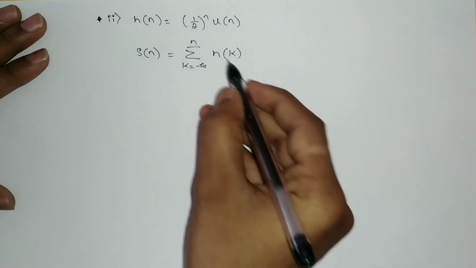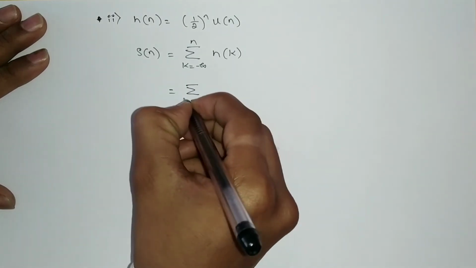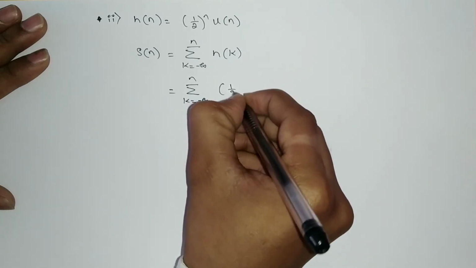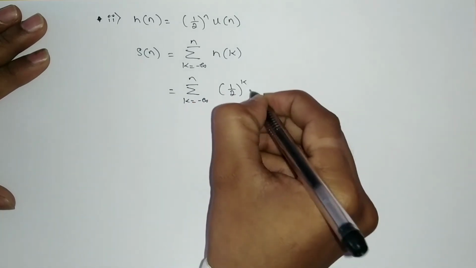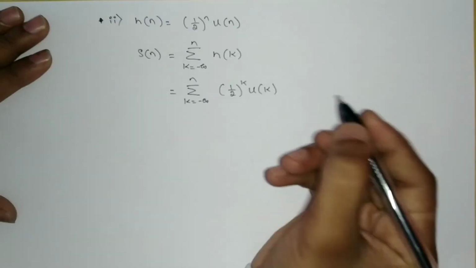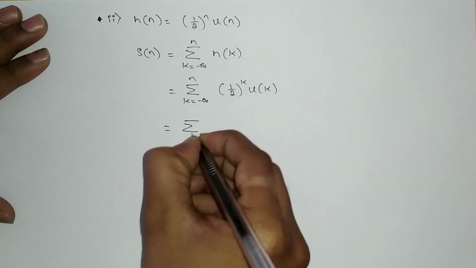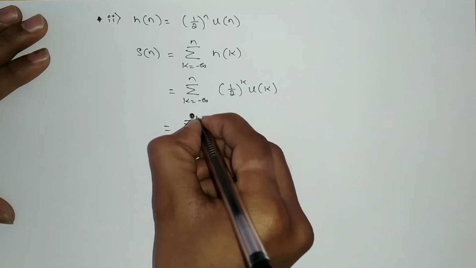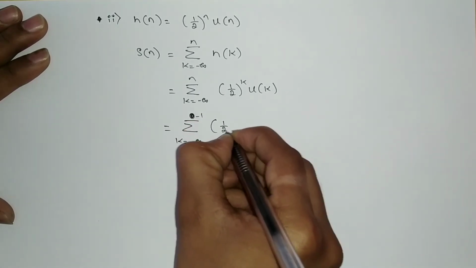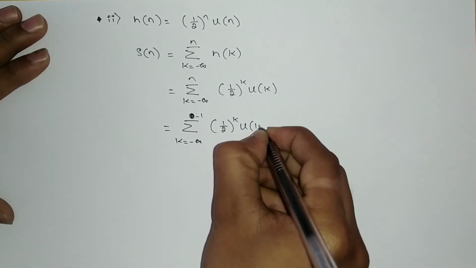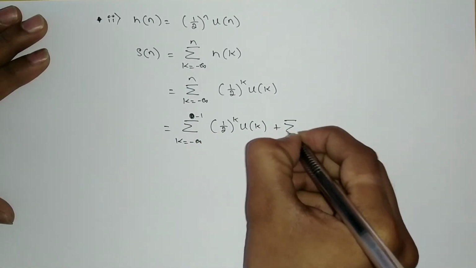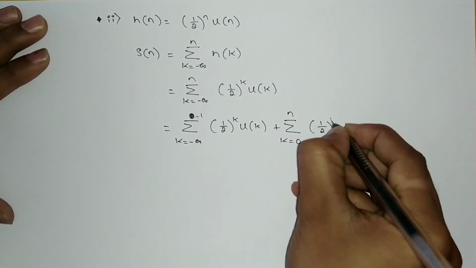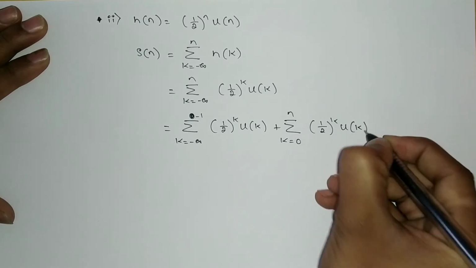If we substitute the value of h of k, we will be left with the summation of k is equal to minus infinity to n 1 by 2 power k into u of k. Again, if we split it, summation of k is equal to minus infinity to minus 1, 1 by 2 power k into u of k, plus summation of k is equal to 0 to n, 1 by 2 power k into u of k.